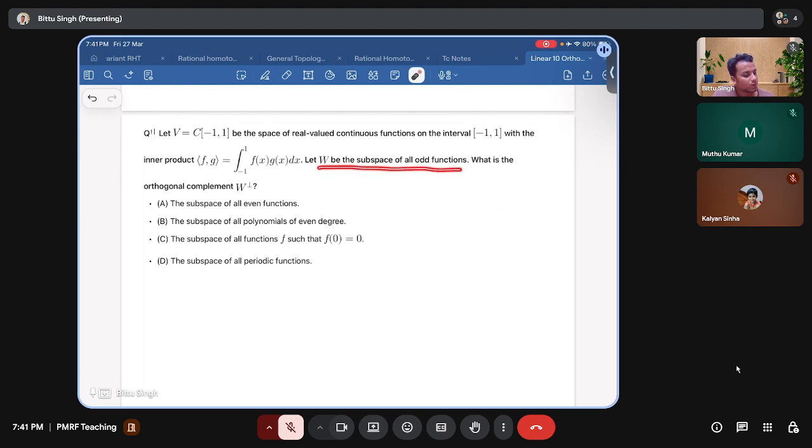Given that W is the subspace of all odd functions. Recall, a function is called odd if f of minus x is the same as minus f of x for all x in the domain. Then what is the orthogonal complement of W?